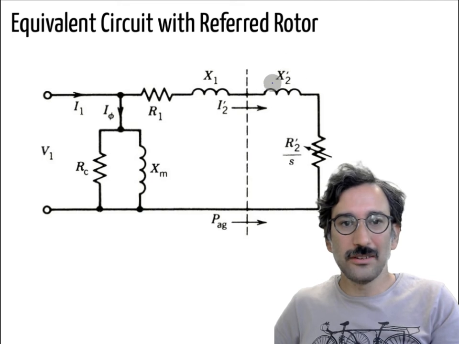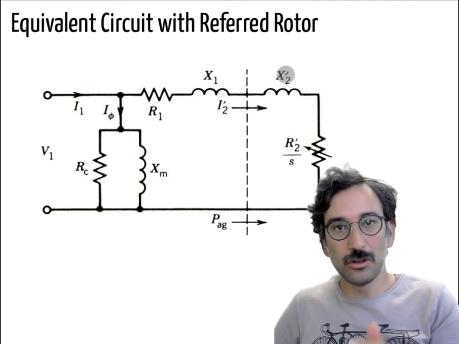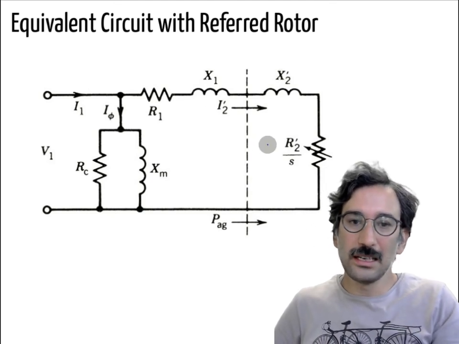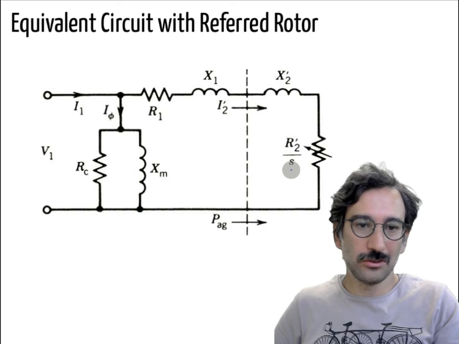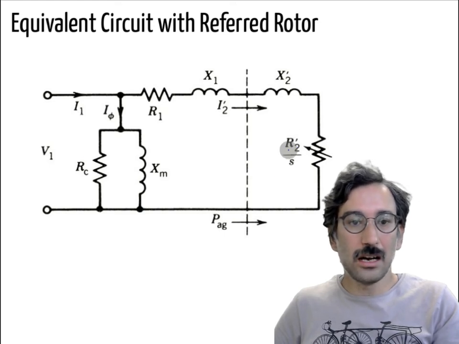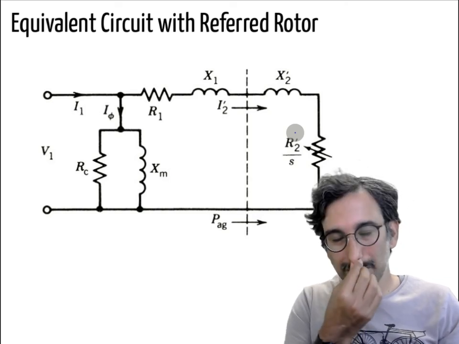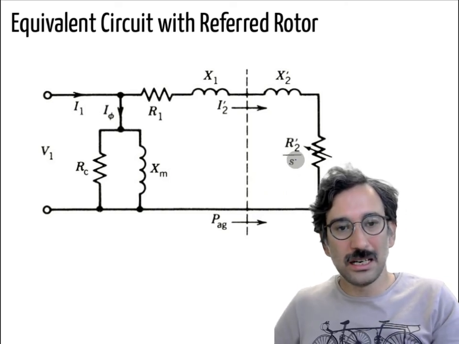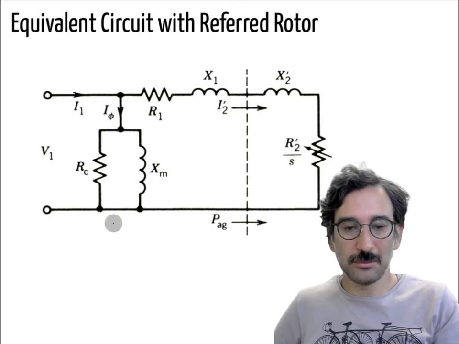So now I have X2 prime, the referred rotor reactance, and R2 prime over S. Don't forget that S component. R2 is actually the real resistance, but R2 prime over S is the referred resistance to the primary.